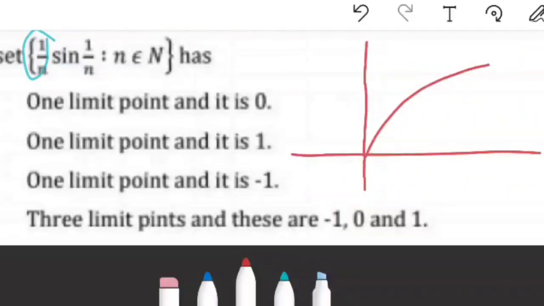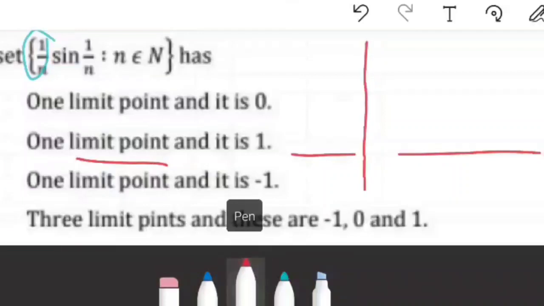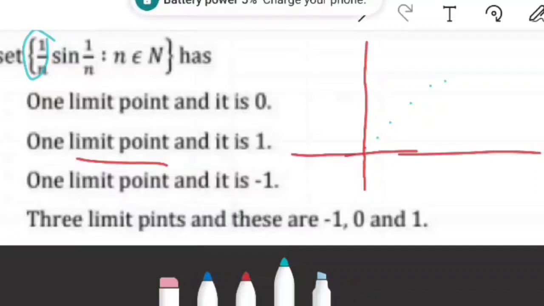The question is actually about the limit point. This is my first term of the sequence and this is the second term, and it goes on. Why have I done it like this? Because this is actually my sin(1/n) graph, but you should know that the graph is not continuous, because this is a sequence.